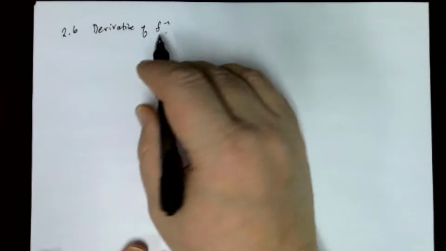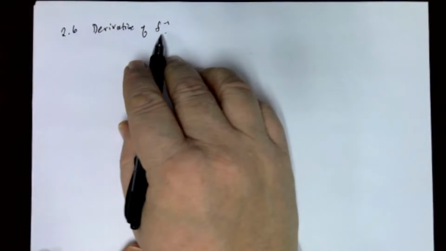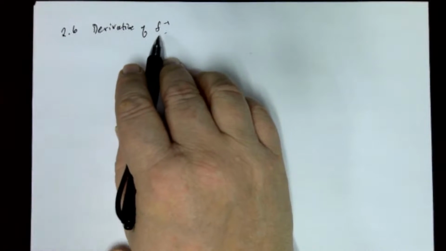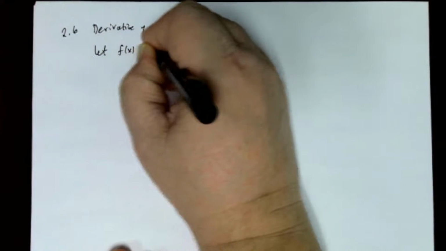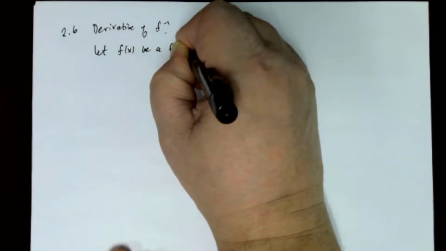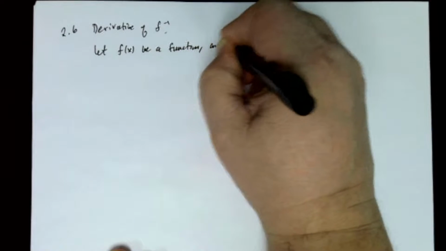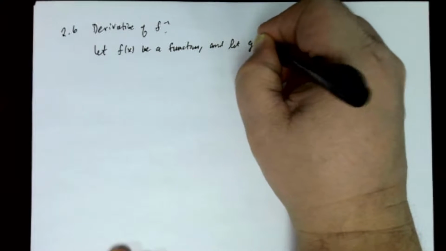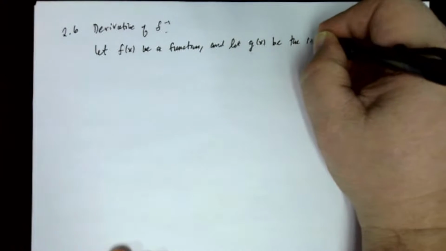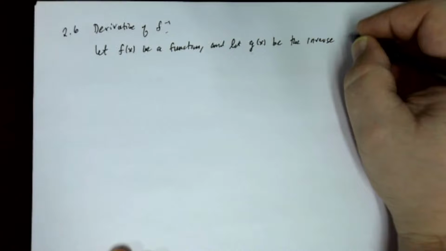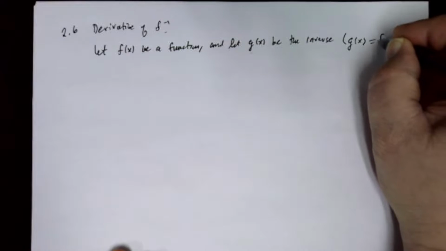Okay, so in this section, we define the inverse of f to be equal to g, so let f of x be a function, and let g of x be the inverse. Okay, so g of x is actually, in notation, you could write it as f with a minus 1 on top.